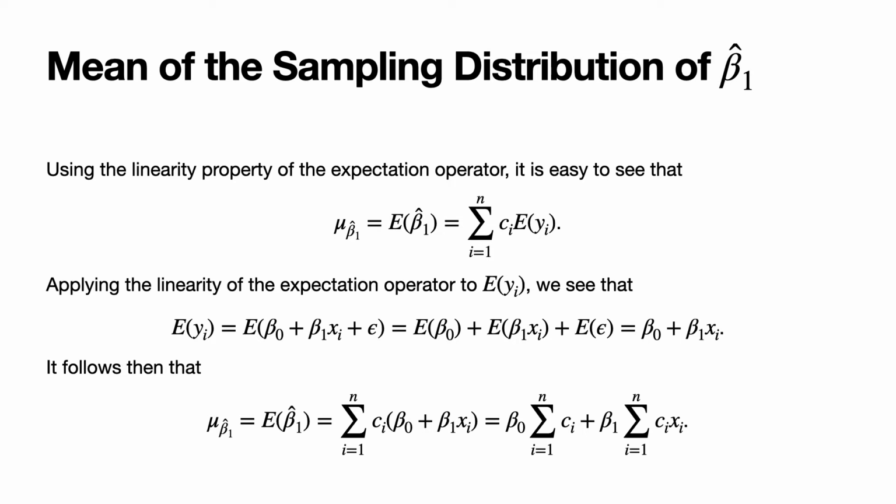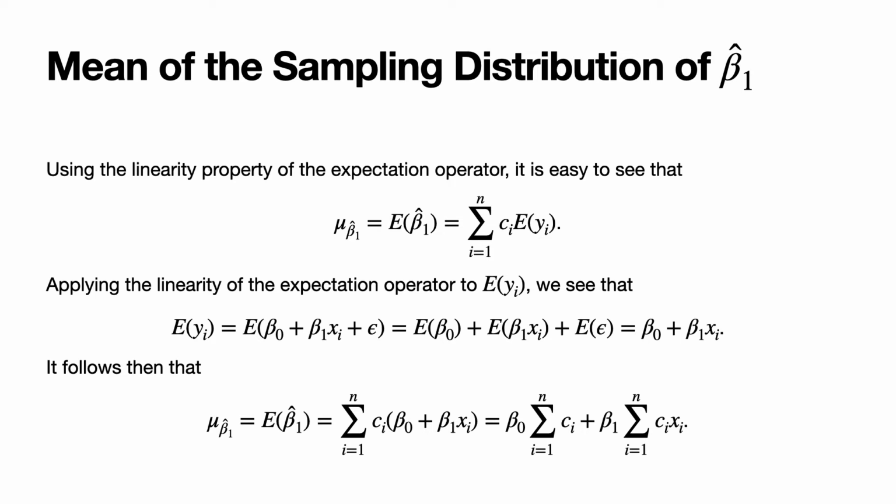Applying the linearity of the expectation operator to y sub i itself, the expected value of y sub i turns out to be equal to beta 0 plus beta 1 times x sub i.